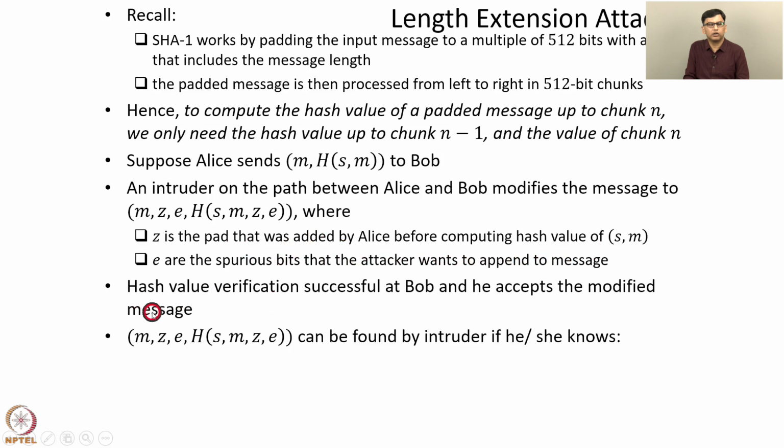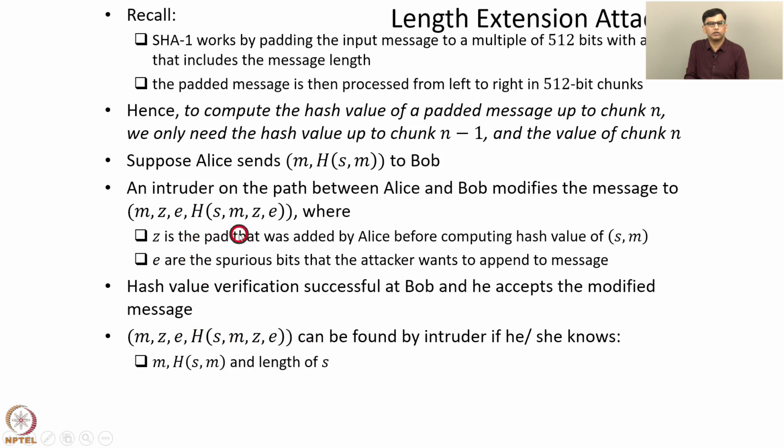This modified message along with its message authentication code can be found by the intruder if he or she knows the message M, which is sent in the clear. Then the intruder needs to know h(S, M), which is also sent by Alice, and the length of the secret string S. This length of the secret string S is required to calculate the padding.